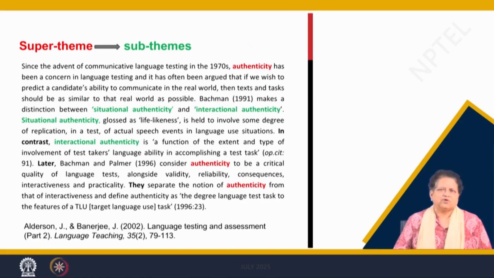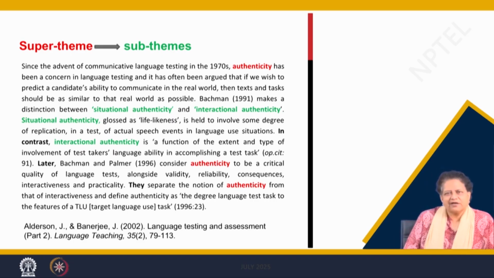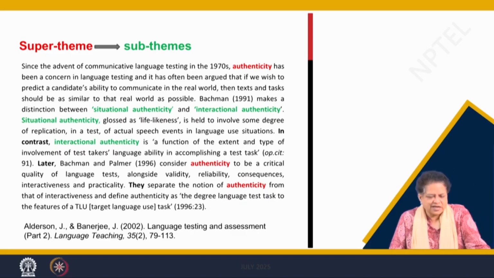So, what we would like to say is a super theme leads to sub themes. The super theme will be in red, and the paragraph goes like this: now, since the advent of communicative language testing in 1970s, authenticity, the first super theme, has been a concern in language testing, and it has often been argued that if we wish to predict a candidate's ability to communicate in the real world, then texts and tasks should be as similar to that real world as possible.